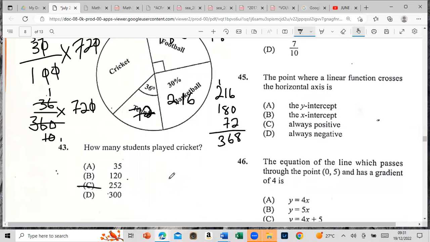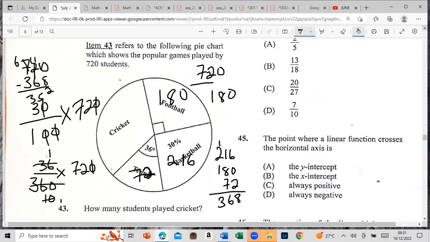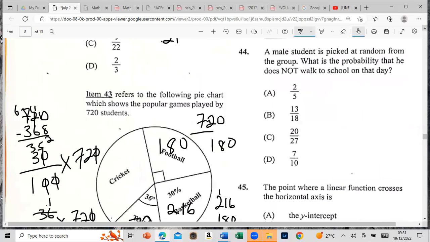So that would be 43, which would be 252. Let's move up to this one now.